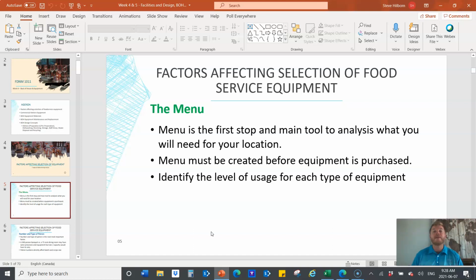So we also look at menu mix, which is popularity, as well as just the menu in its beginning essence, where we don't really know how many of each item will be ordered. And this can only really be dictated after we open up. So if we're already pre-open and we have that sales history, fantastic, we can use that. Otherwise, it's a little bit more of a guessing game.